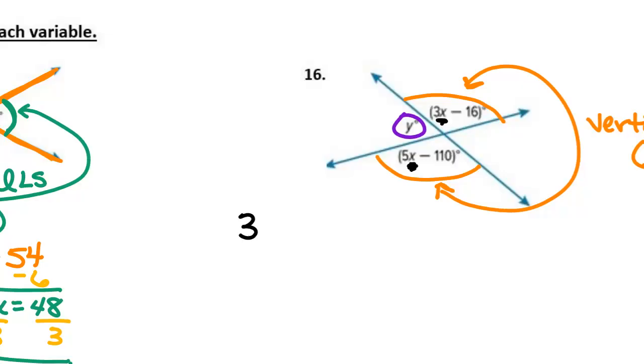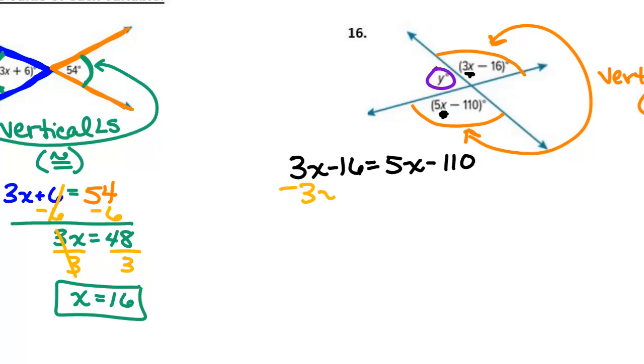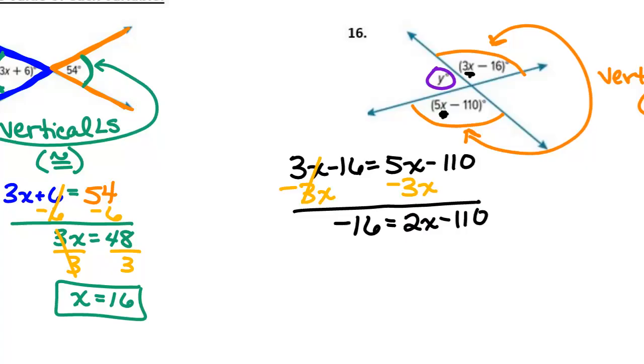3x minus 16 gets set equal to 5x minus 110. Get our x's to the same side first, so I'm going to minus 3x from both sides. So negative 16 equals 2x minus 110.